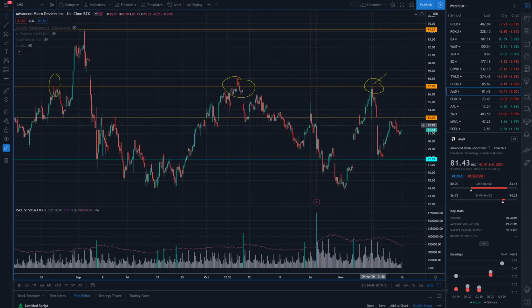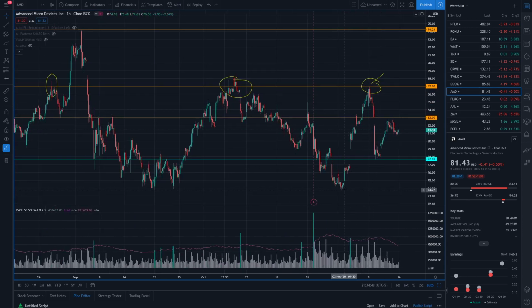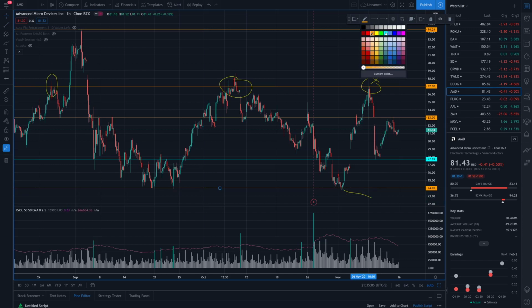If you can visualize this, there's a low down here, most recently right there at 74-ish, right? At 74. So if we can draw a support line there, let me color that blue for support. And if we do the same thing, I'm going to color this purple, right?